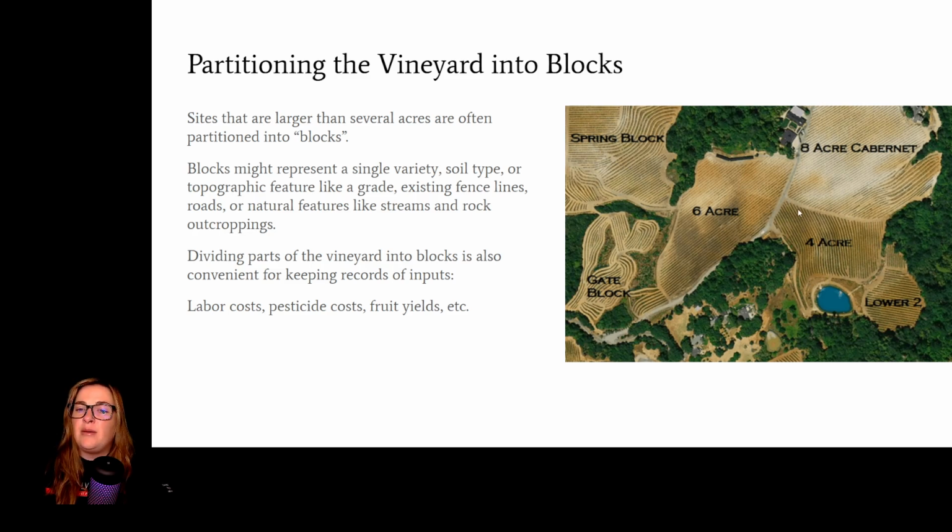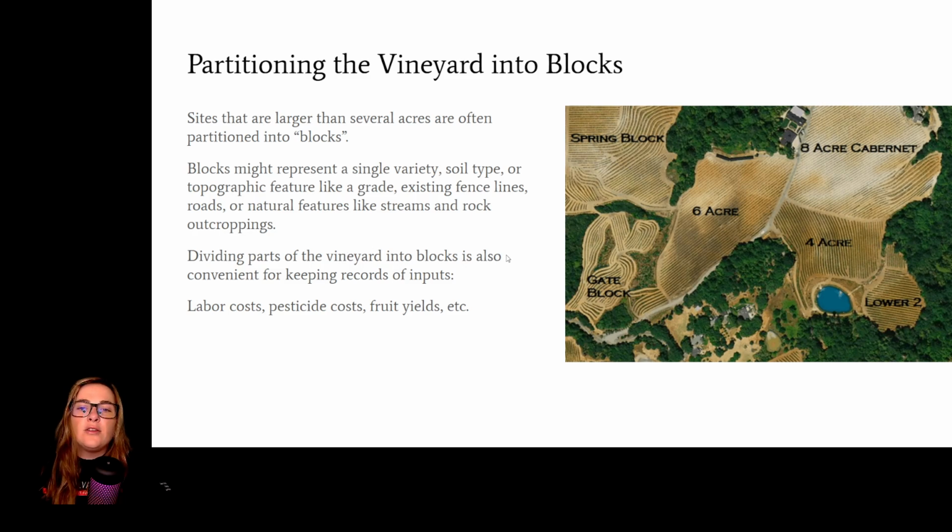So they've planted them in a different direction. It looks like the vines are going down the slope potentially and into the 6-acre and 8-acre Cab lot. They have another level here, and so forth, right? So depending on your topography, your hills, or if you have a flat surface, and also your surrounding trees, streams, and anything else you're trying to protect, all of that impacts the shape of your blocks, right?